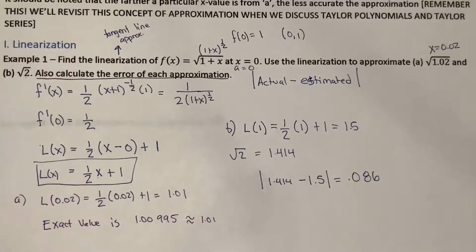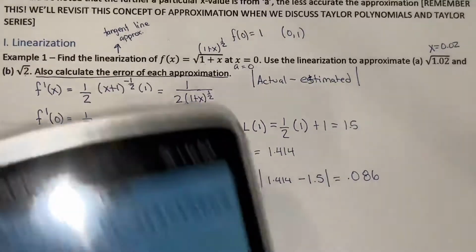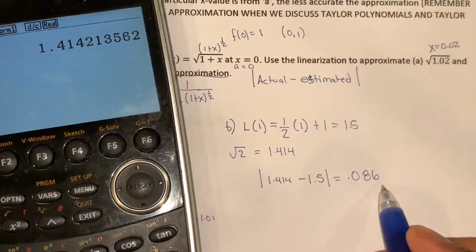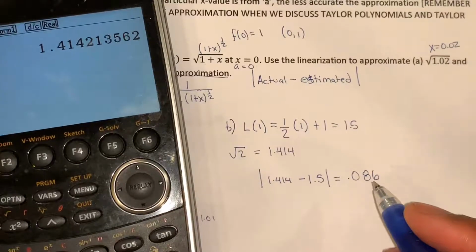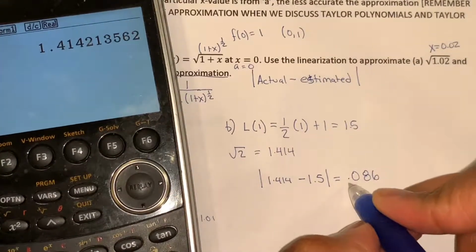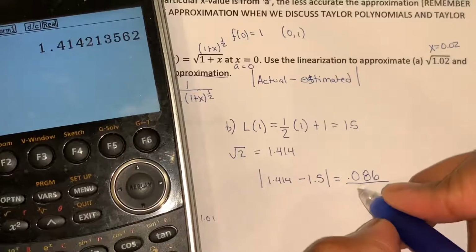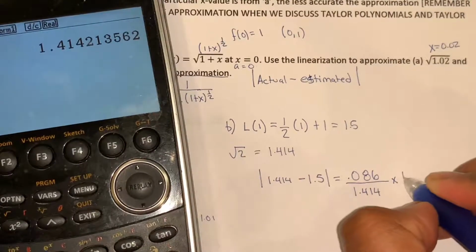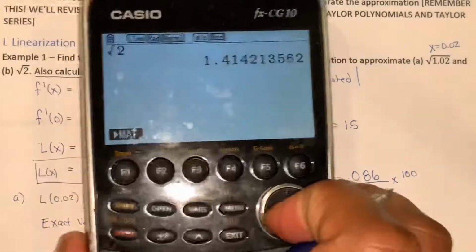It's hard to know how close that is without getting a percent error. To get percent error, we divide by the actual value and multiply by 100.